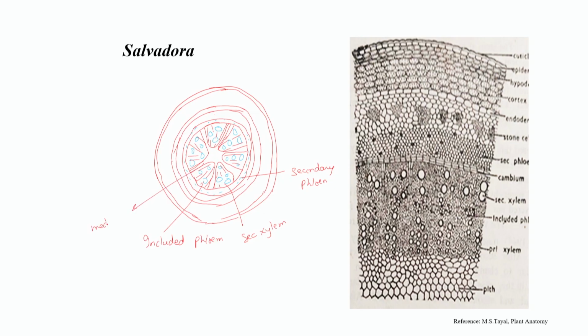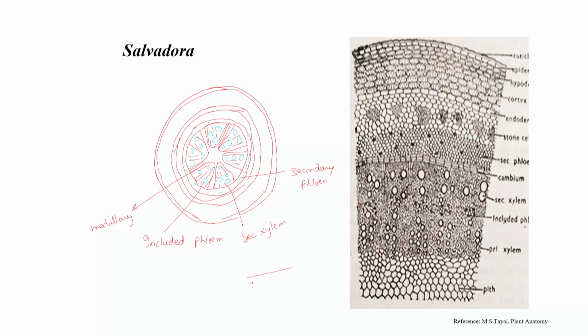Sometimes you will see that the secondary vascular tissues are not in a continuous band and they are interrupted, as we will discuss later with one example in which you will see multiseriate medullary rays. So sometimes there is an interruption and the vascular bundles appear as separate entities because of the presence of wide medullary rays. Because of that, so many gaps will arise.